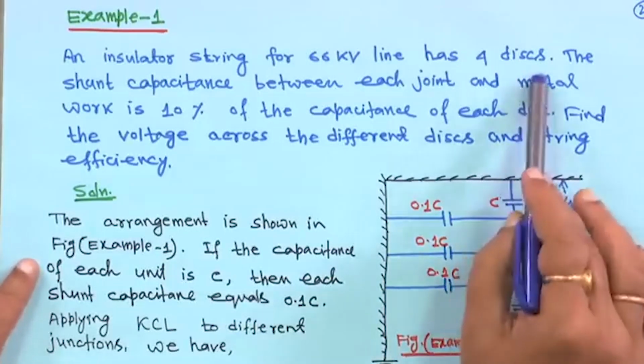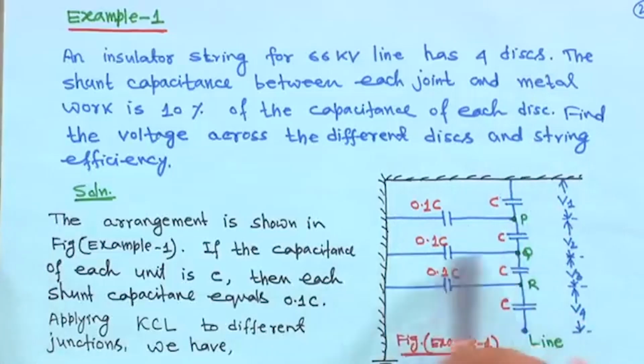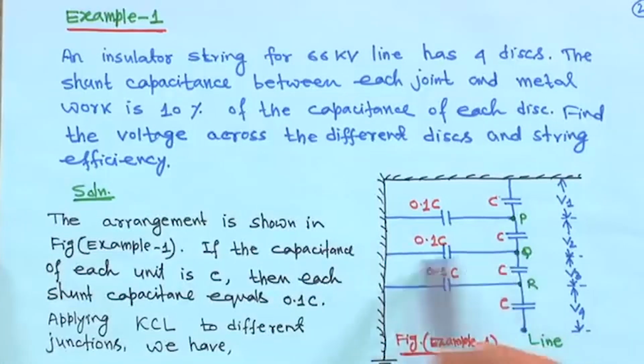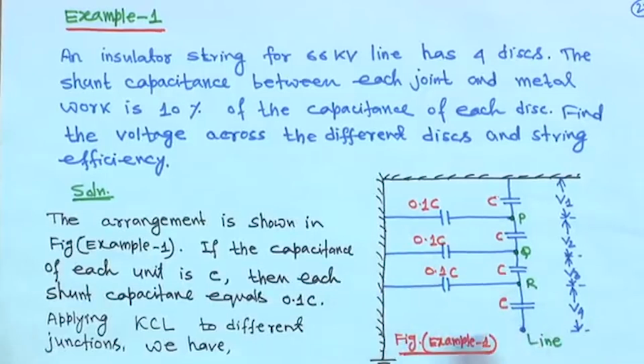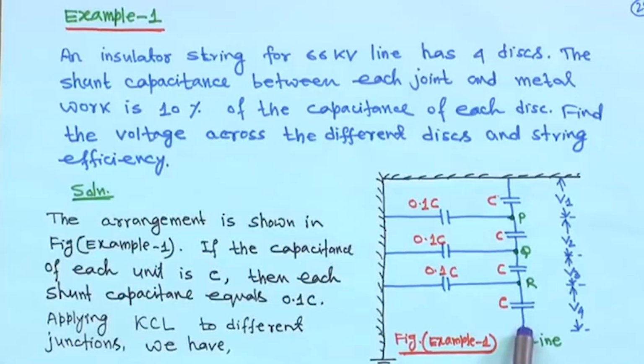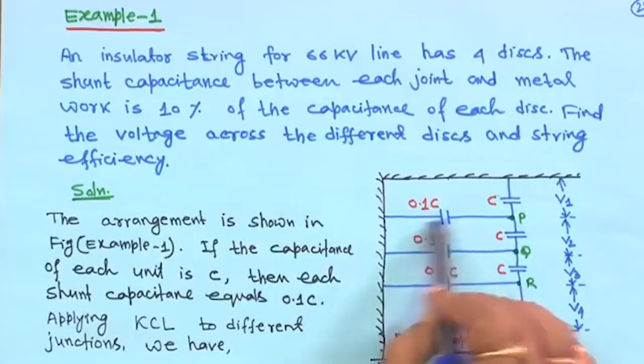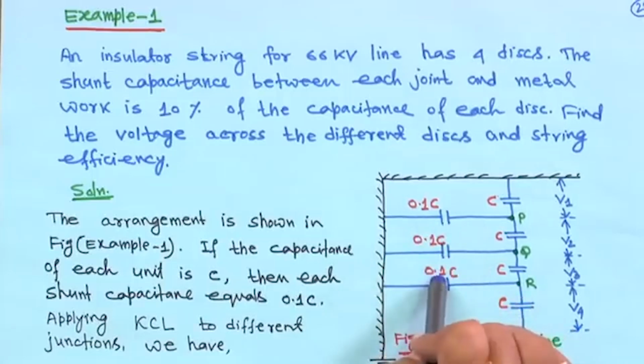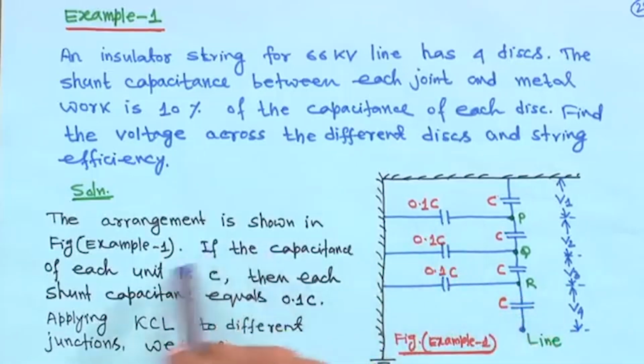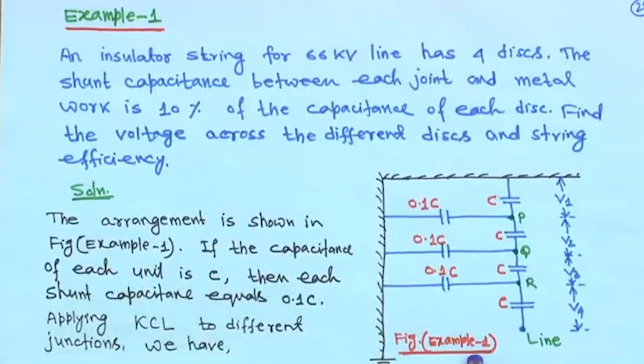If you have 4 discs, 3 such shunt capacitances will come, from 1, from 1, from 1, and nothing will be there because it is a line actually, the conductor is connected here. So, if you have n number of units in the string, that means you have n minus 1 shunt capacitances, right. So, the arrangement is shown in the figure, this is figure example 1.